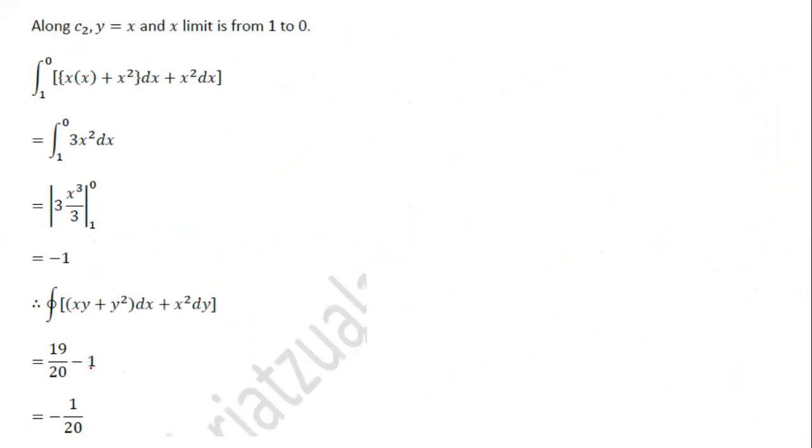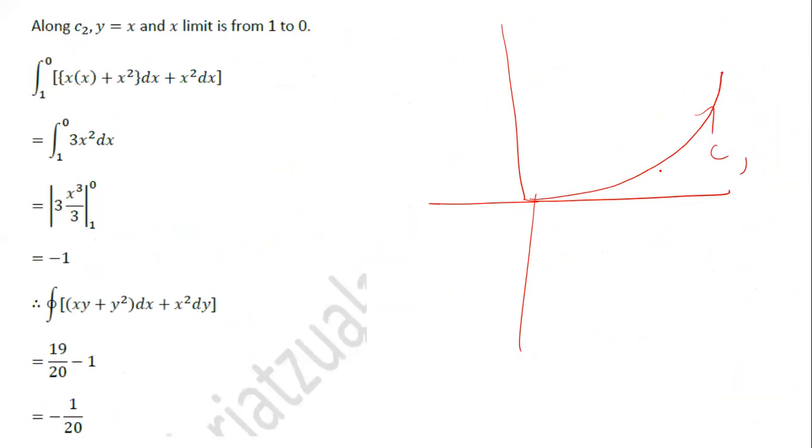Now along C2: first we are traveling along C1, where the equation is y equal to x squared, and we have arrived at this point. From this we are traveling back along this line, whose equation is y equal to x.